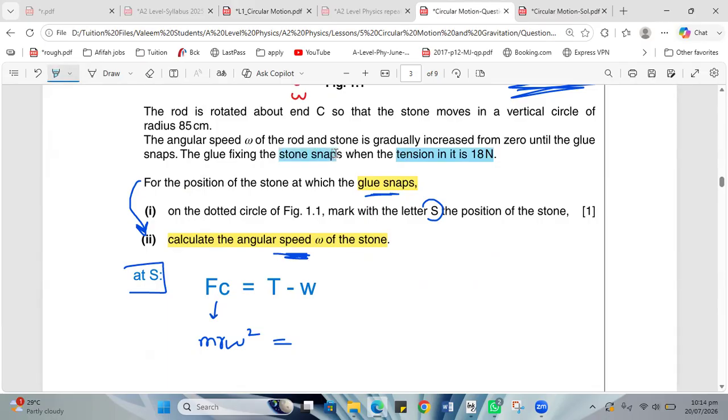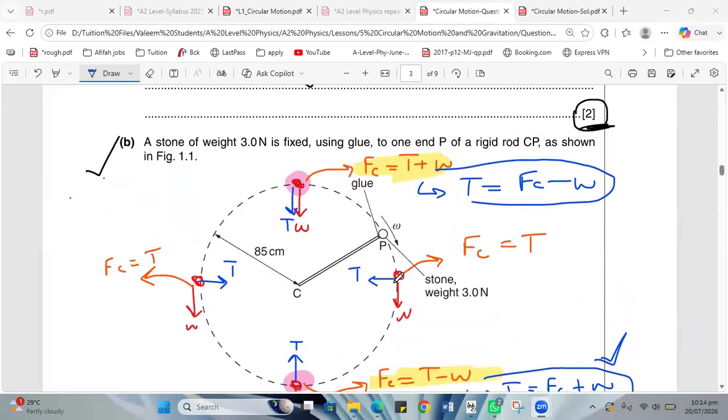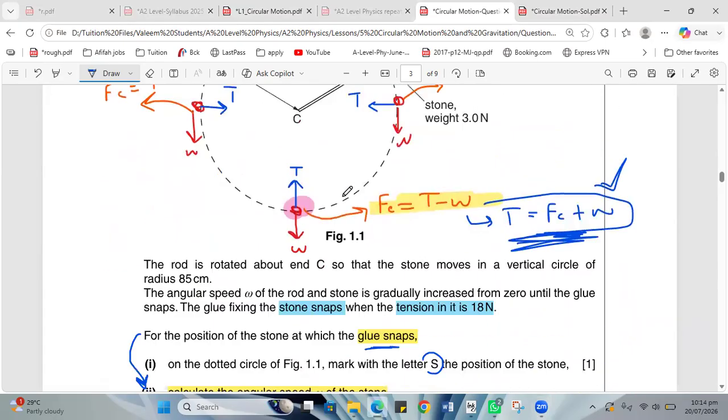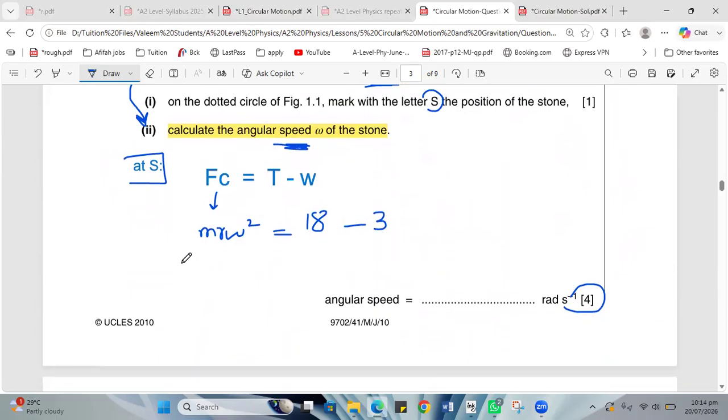When the stone snaps, the tension is 18 newtons. So I have the value of the tension. And do we have the weight? Yes, the weight of the stone is also given, 3 newtons. 18 minus 3. Okay, m. If you have the weight of the stone, can you get the mass?